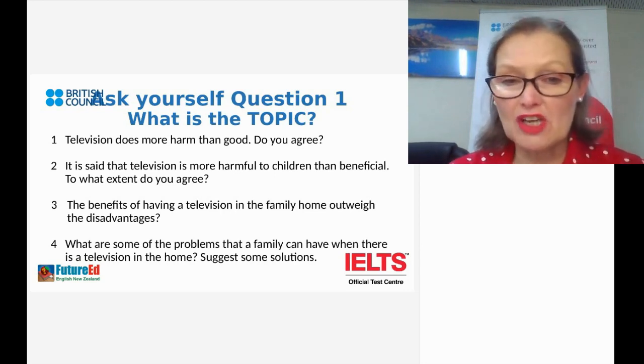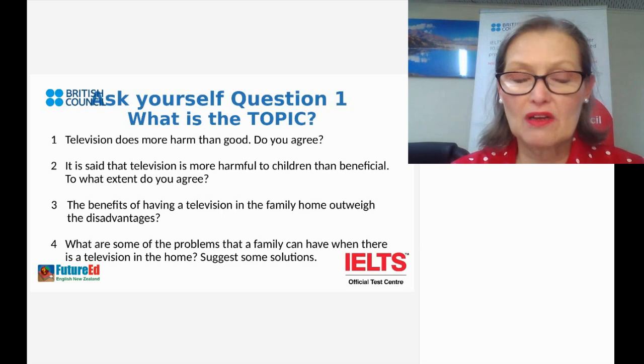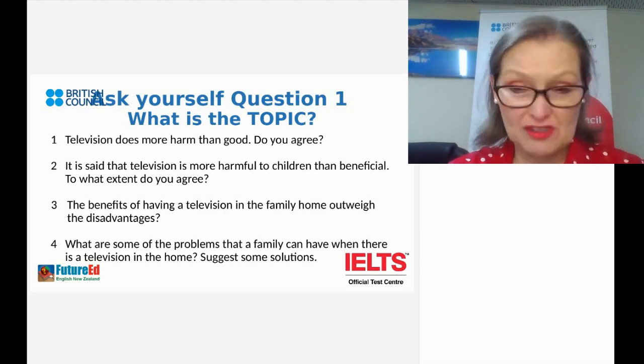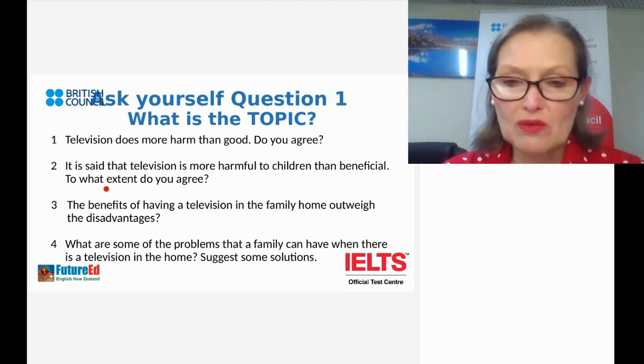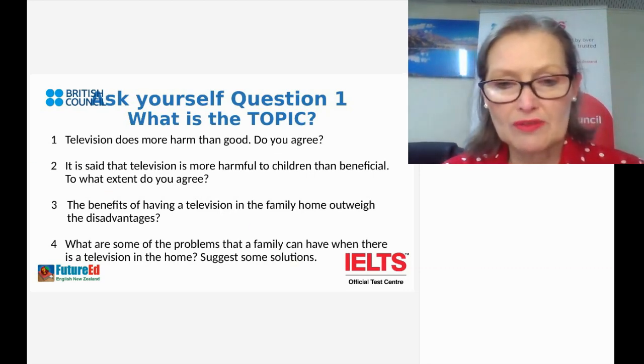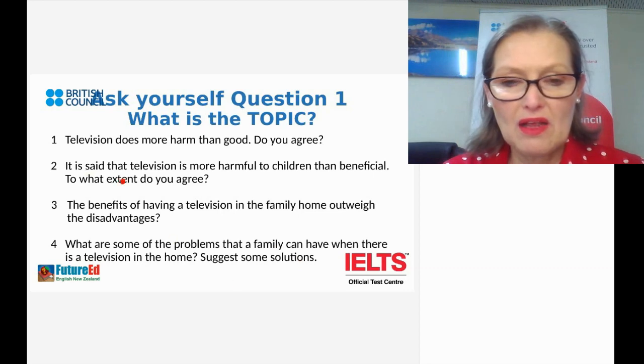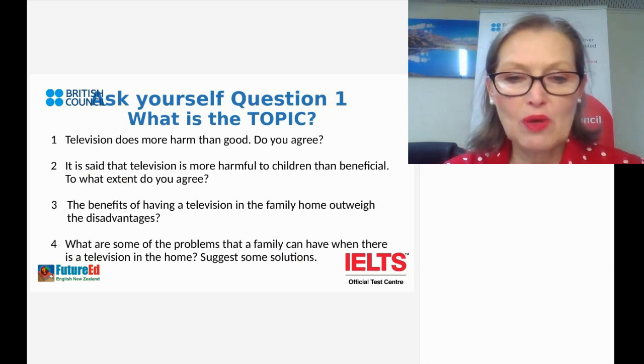So here on the screenshot, I've got 4 different topics, 4 different questions, exam tasks. Let's have a look at the first one together. I want to be able to identify what topic, what am I going to write about? And there's my sentence number 1.